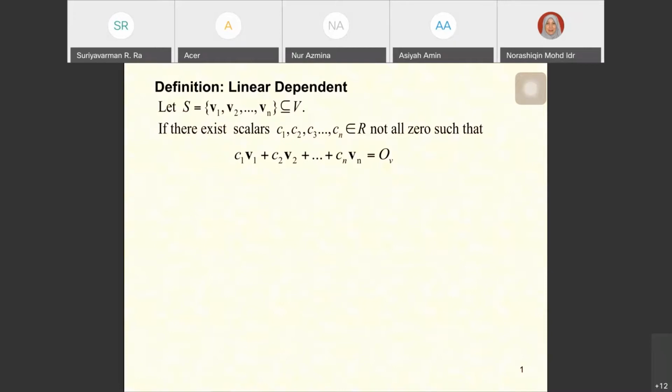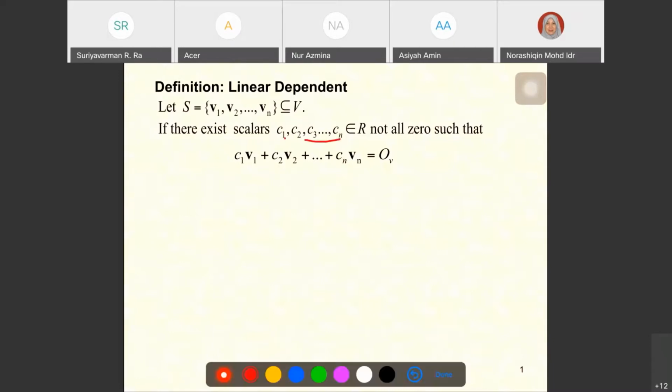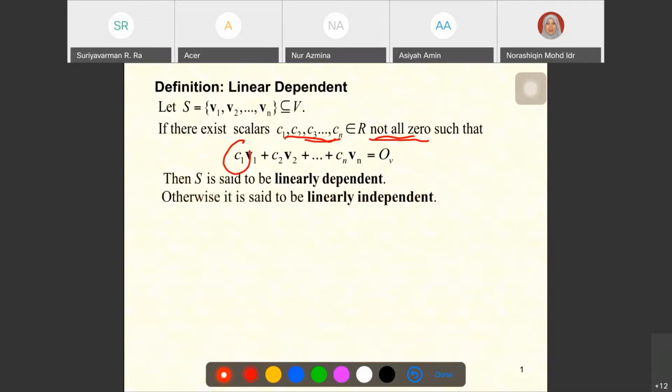So if this exists, not all zero, at least one non-zero. At least one. The others can be zero, it's fine. That is why it is called not all zeros. Okay. And S is said to be linearly dependent. Okay, everyone understand? Otherwise, if all the C's are zeros, then S is called linearly independent.